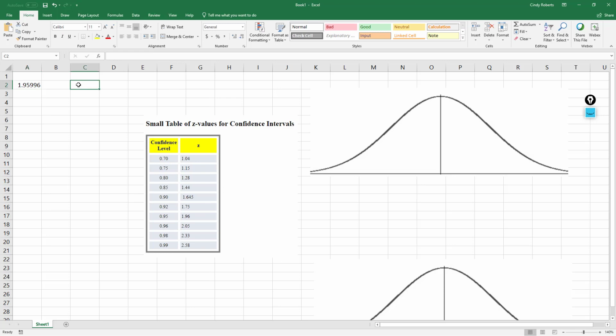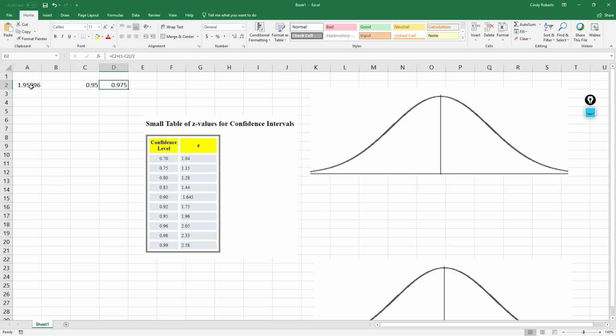So to get 95%, what I have to do is take this value plus 1 minus this value divided by 2. That's what I did, right? That's where we're getting the 0.975.